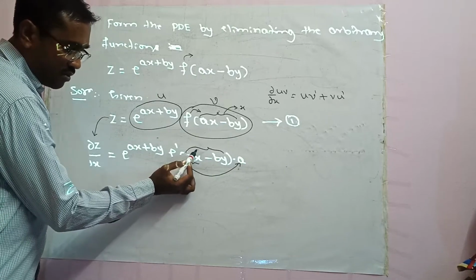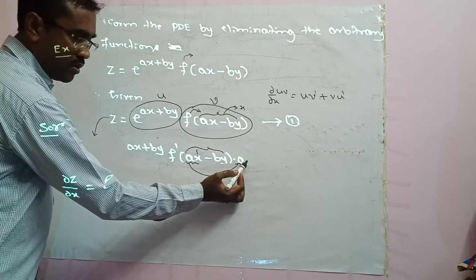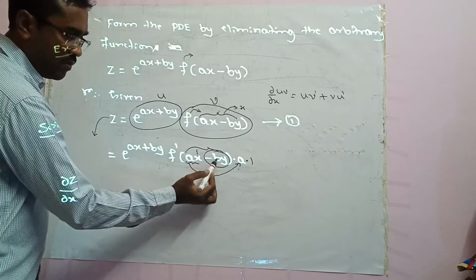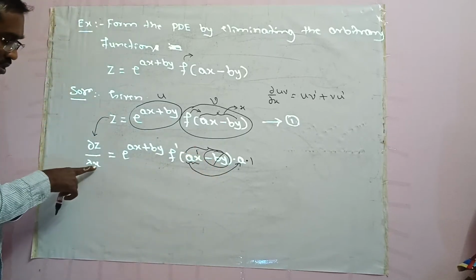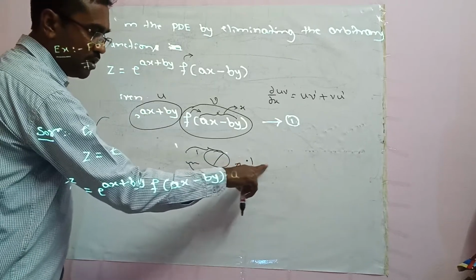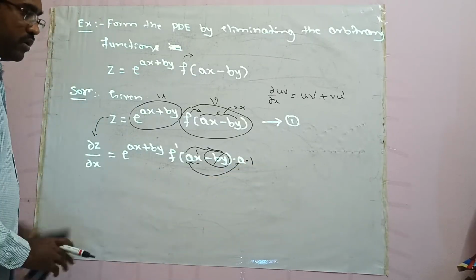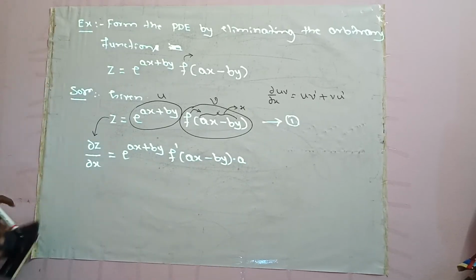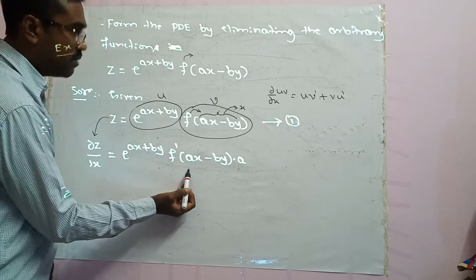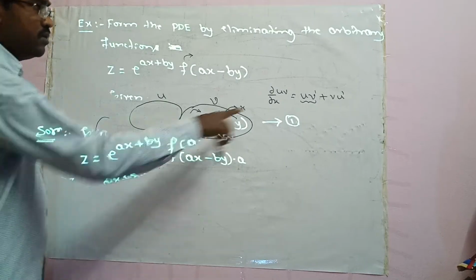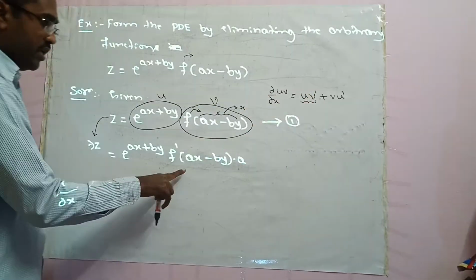Differentiation of x is 1 into 1, and what is the differentiation of minus by? It is 0 because we are differentiating with respect to x. So it will be plus 0. So this is what we have now. With respect to x we have done. That is u as it is, v dash.